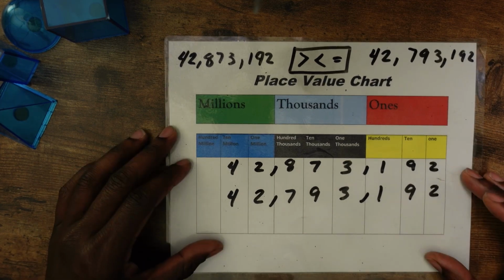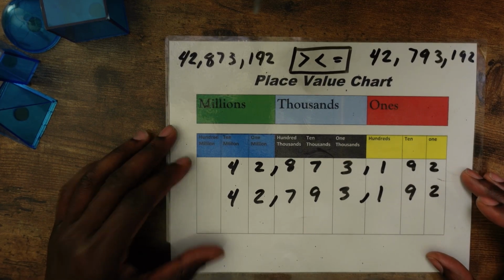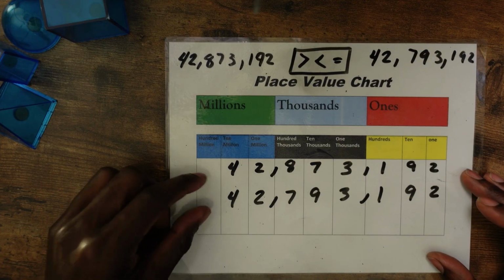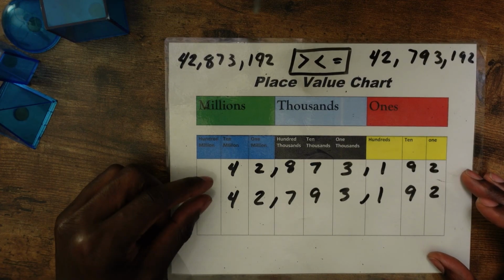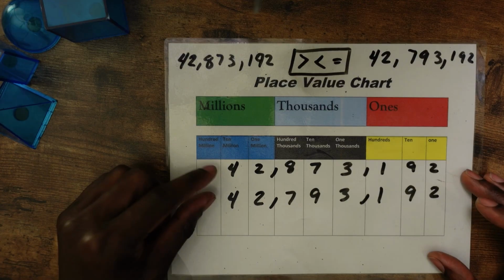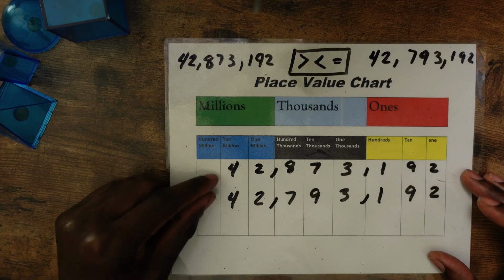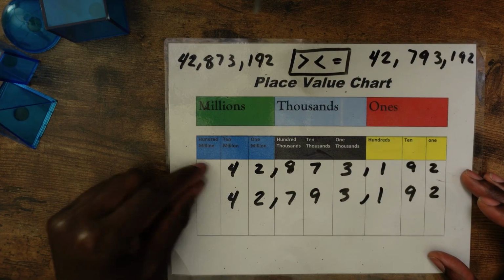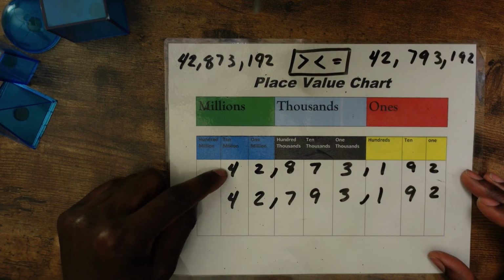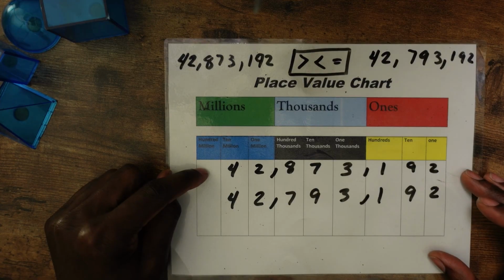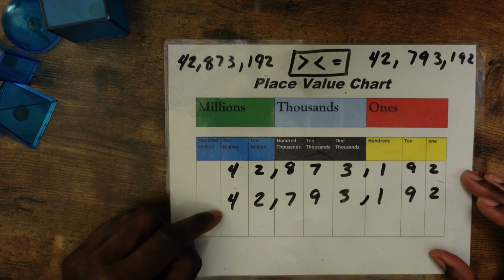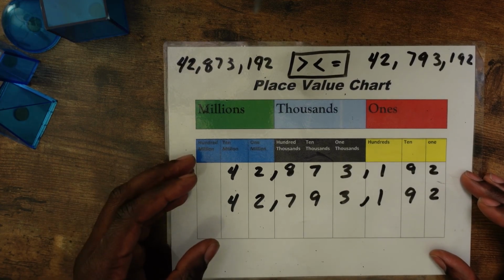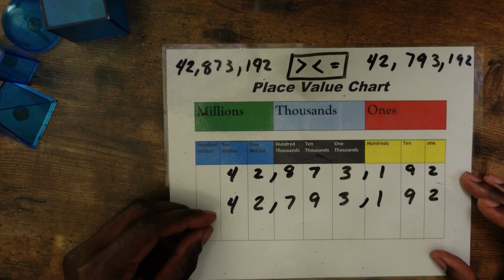When we're dealing with ordering and comparing numbers, we always start by looking at the greatest place values, the largest place values. Now, if one number has a place value that's larger than the other one, it's automatically greater than the other one.